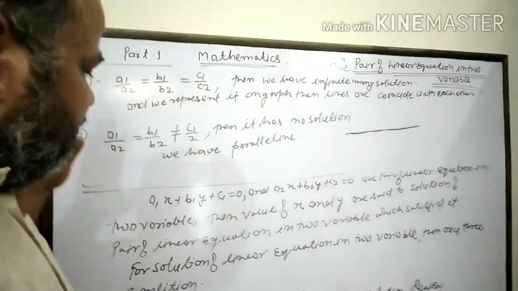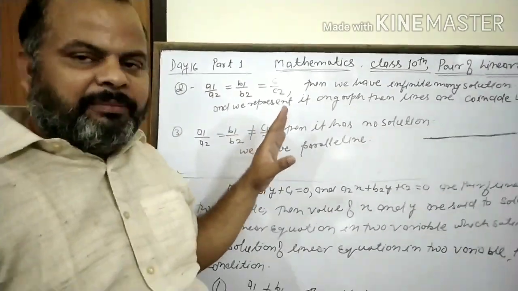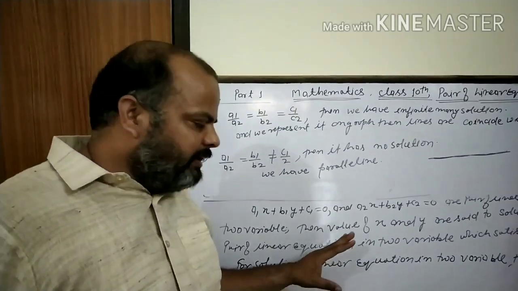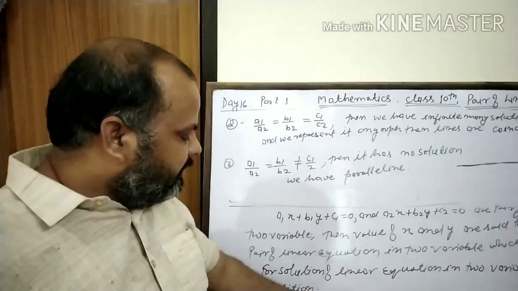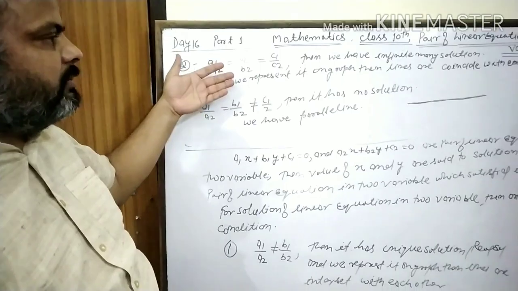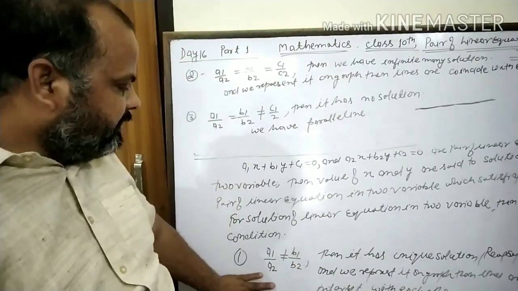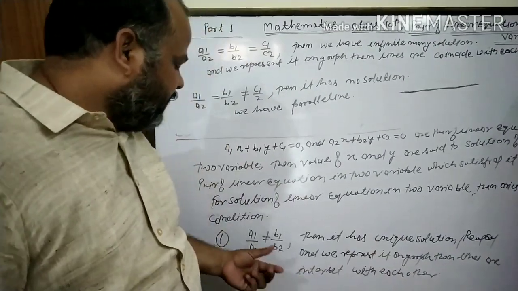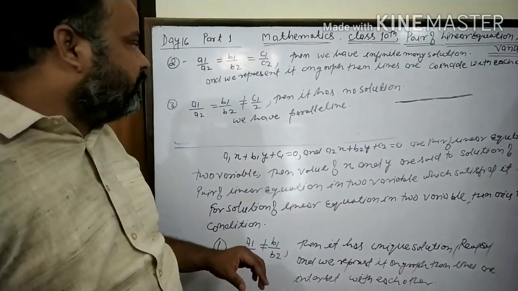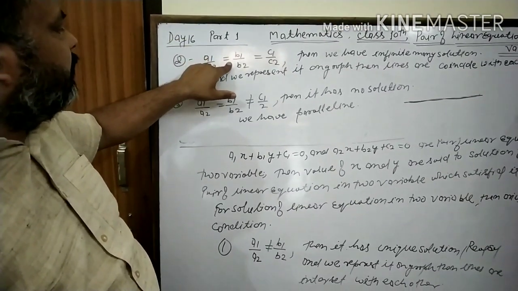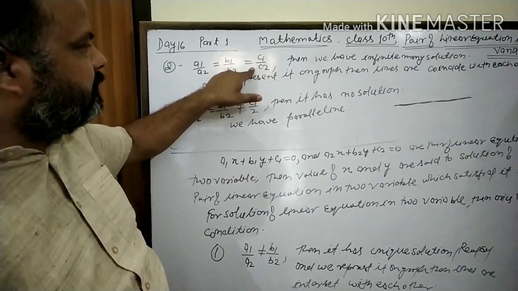Okay. Now today we discuss simultaneous linear equations, then after the solution of linear equations, and if we have the solution, then how many solutions of the linear equation in two variables. The first case is the unique solution, if a1 upon a2 is not equal to b1 upon b2. Second one, a1 upon a2 is equal to b1 upon b2 is equal to c1 upon c2.